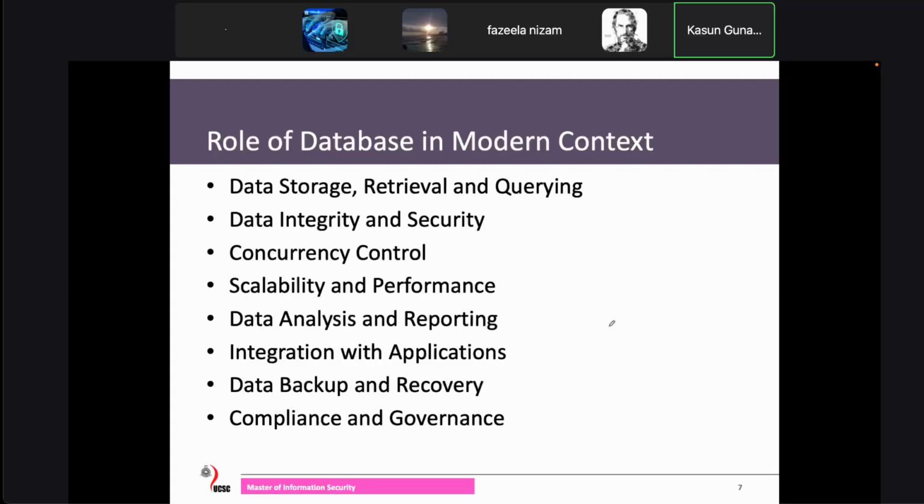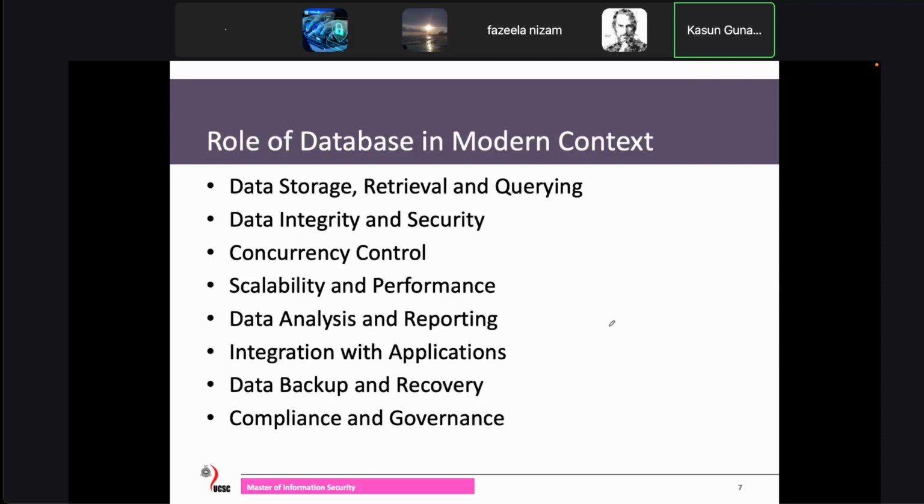As I said earlier, databases play a fundamental and very important role in modern information systems across various industries and sectors.